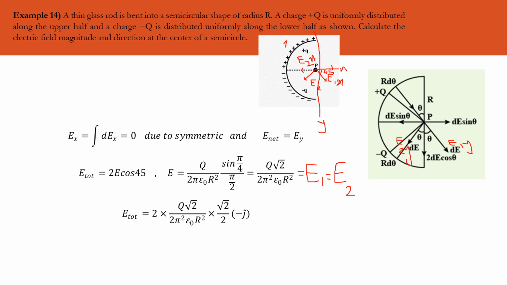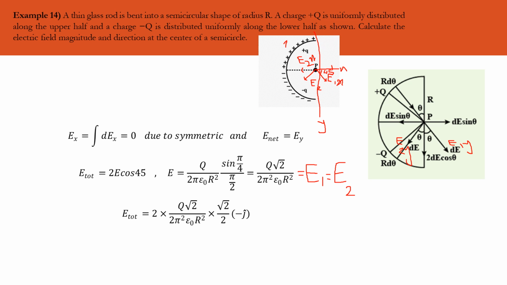Therefore, E total equals 2 times E1y. The y component means sine 45, so this coefficient appears. Sine or cosine 45 in this case equals root 2 over 2.